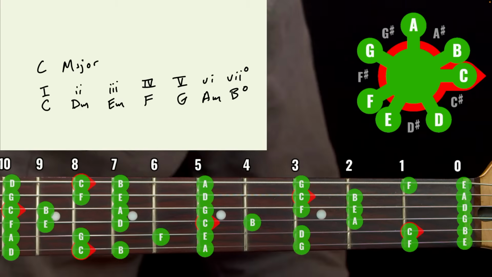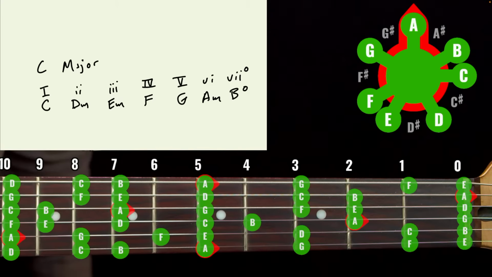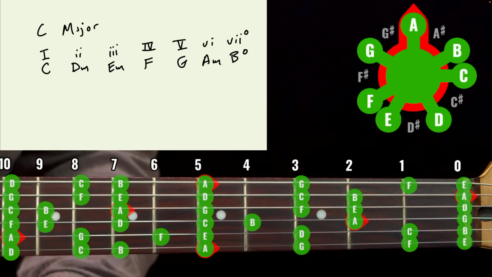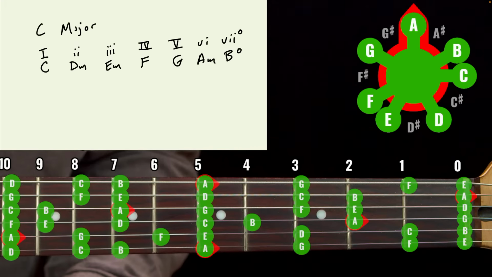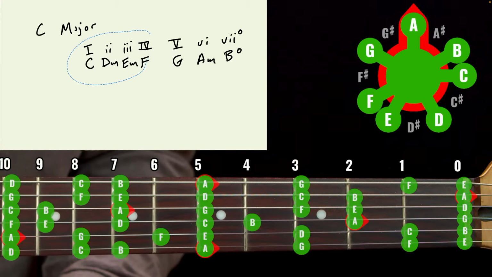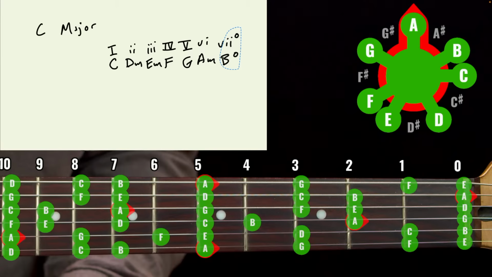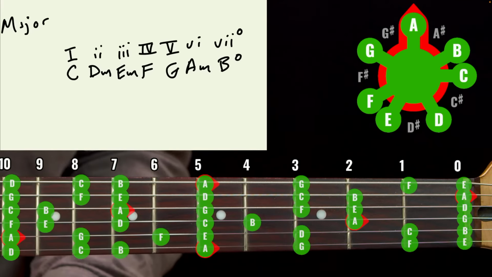Now hang on a second. Remember how I said A minor shares all the same notes? Well, I guess that means it shares all the same chords, right? And it turns out, absolutely. If I rearrange this a little bit, check this out. These are all the chords in the key of C major.